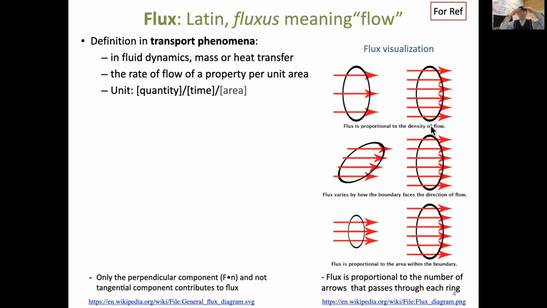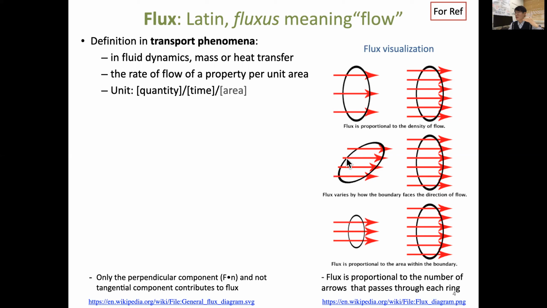What if the imaginary ring is now oblique to the angle of the incoming quantity, such as photons? In this case, you can see from the distance between these arrows or photons that the density of photons is the same.